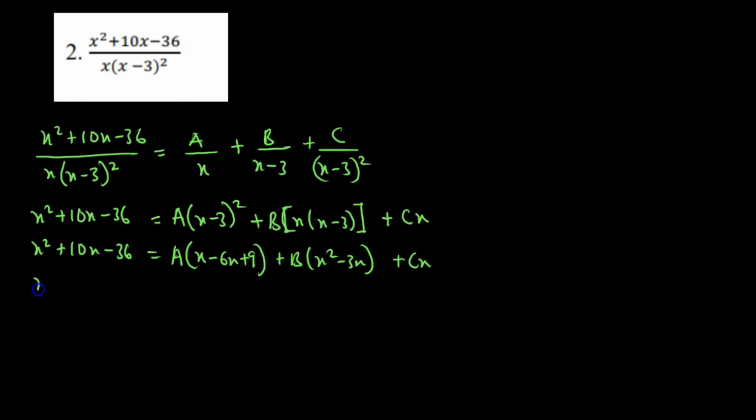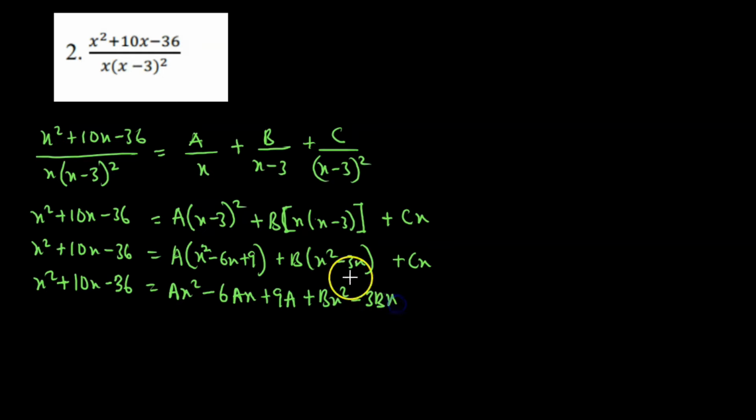Expanding and simplifying, we have x squared plus 10x minus 36 equal to ax squared minus 6ax plus 9a, then plus bx squared minus 3bx, and then plus cx.